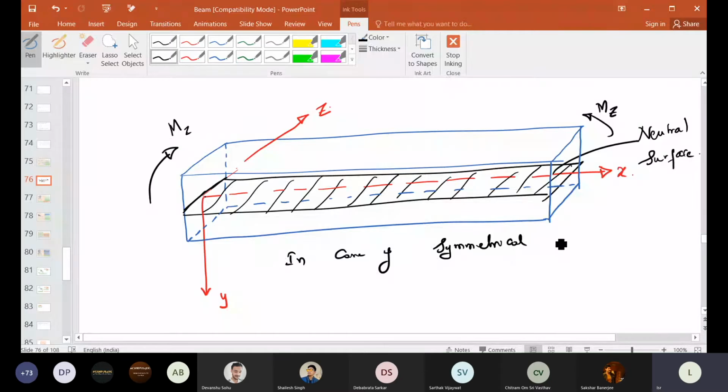In case of symmetrical bending, the neutral surface will be in the xz plane.